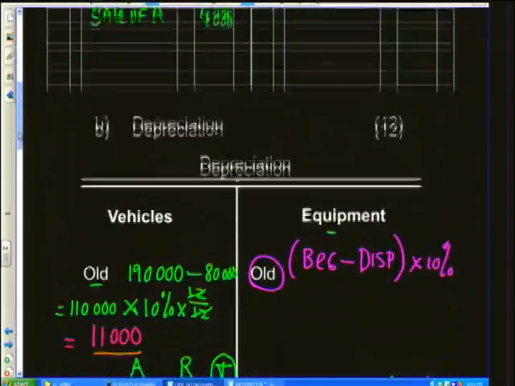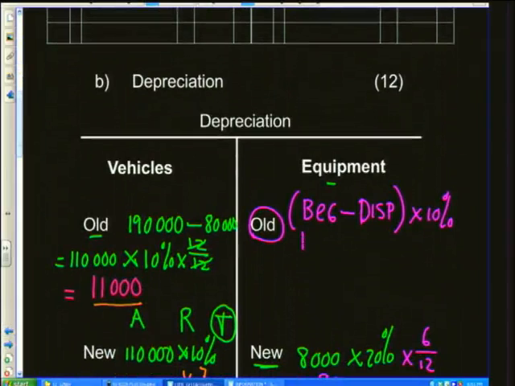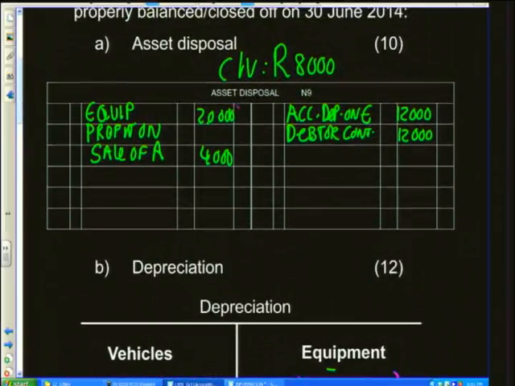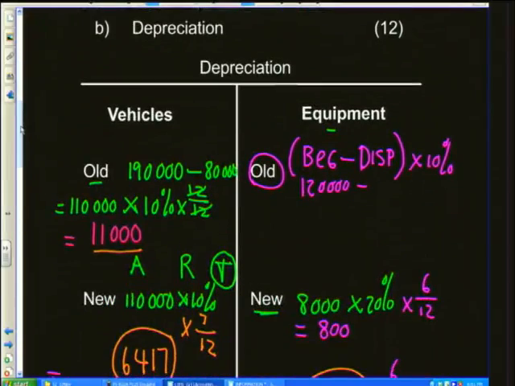Cost being 120,000 minus the disposal cost, so the asset that we obviously sold, the 20,000. So minus 20,000, and that will give me the cost of the remaining or the old equipment, which is 100,000.